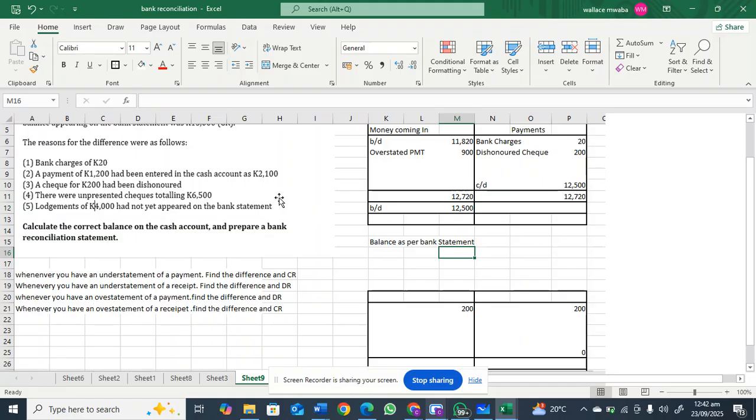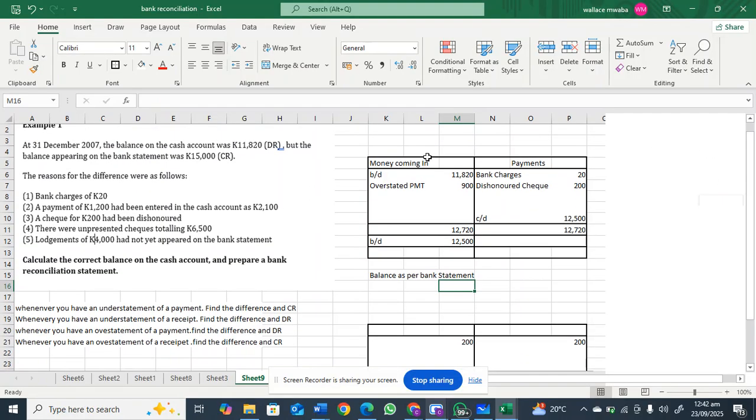So the balance as per bank statement, they told us 15,000 kwacha, credit side. Now the bank side is like a mirror of the cash account. On our cash account here in the business, the debit side increases with debit and reduces with credit. Now on the bank side, it's the opposite.